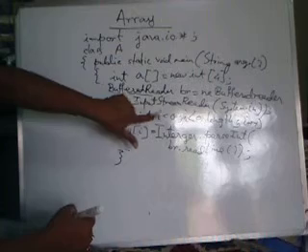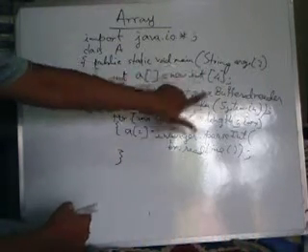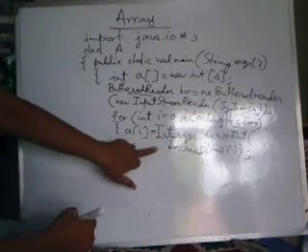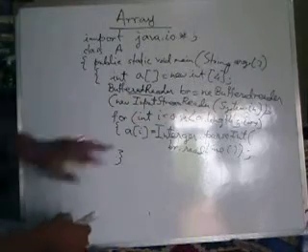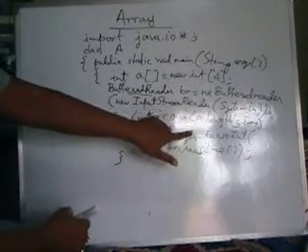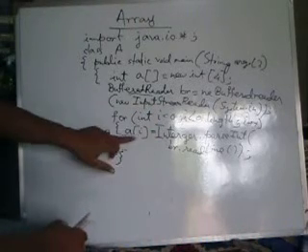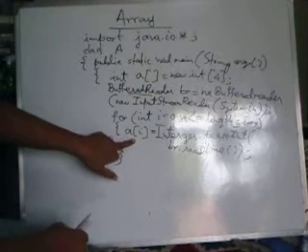So similarly, when i will be 0, 0 is less than 4 because length is 4, so it will take input within A[0]. Then the i++ will increase the value of i, so it will be 1, obviously 0 plus 1. So now 1 is also less than 4, it will take input within the location of the array which is A[1].